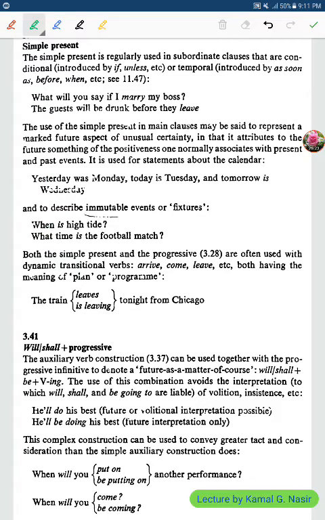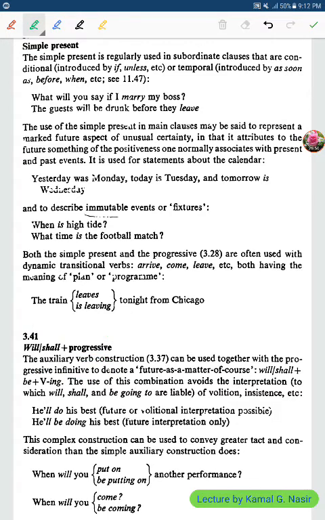Will and shall plus a progressive. Let us see how we can use will and shall not followed by the infinitive here. You remember just a minute before we talked about how will and shall should be followed by the infinitive. In this case, will and shall are followed by a progressive.